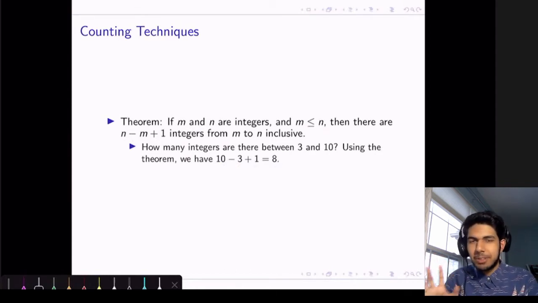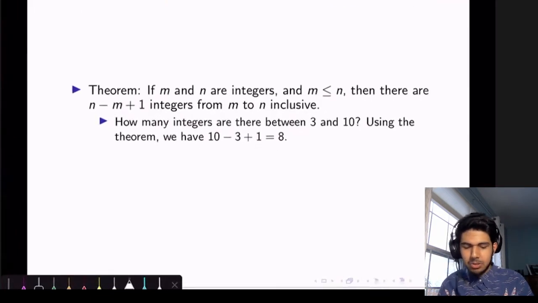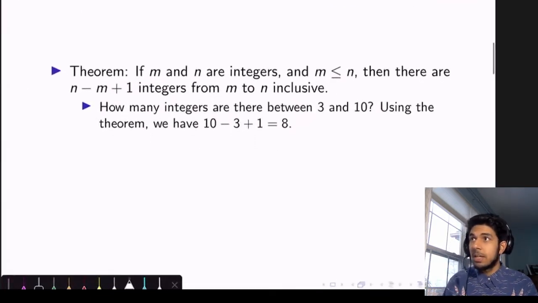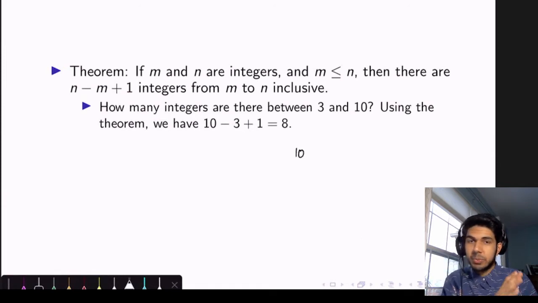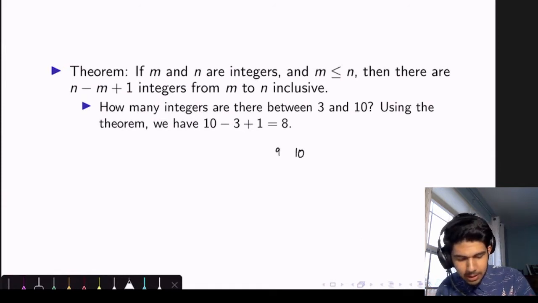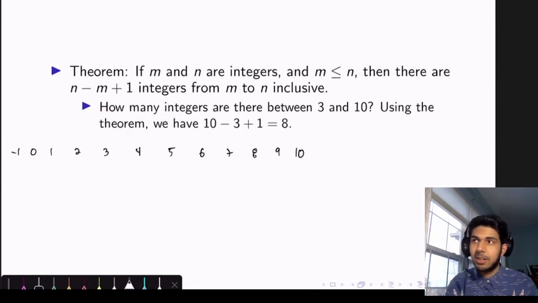I'll give a very brief explanation. The way I like to think about this is we take our two numbers, in this case 3 and 10, and we look at the larger number, 10. And we're thinking about integers. So start at 10 and work our way downwards: 9, 8, 7, 6, 5, 4, 3, 2, 1, 0, -1, and so on. Then we consider the smaller number, in this case 3.